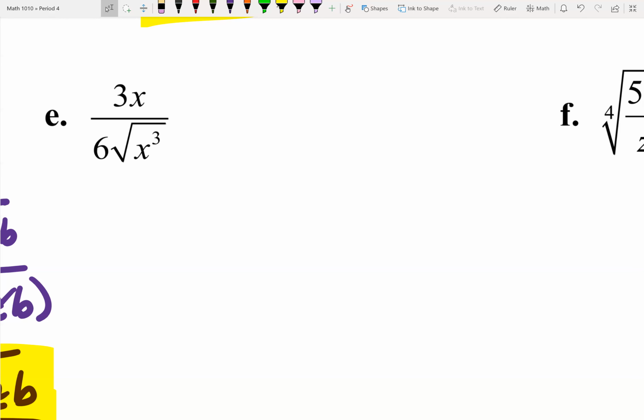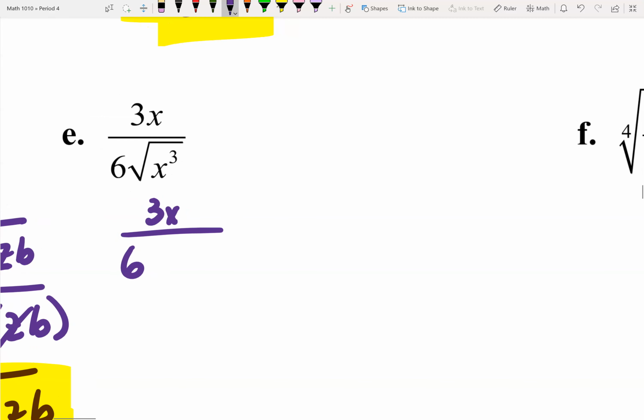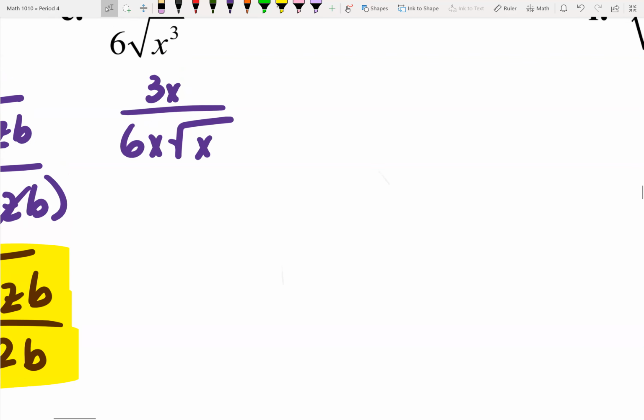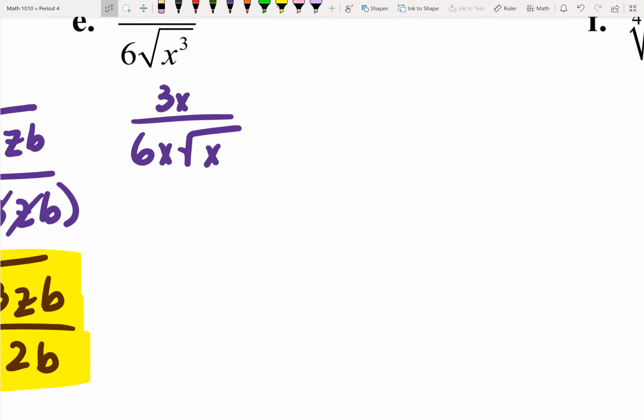Simplify the denominator, right? So on top you have a 3x. On the bottom you have a 6. 2 goes into 3 one time, and I still have an x left inside. Okay? Now, if you want to be a little lazy, instead of rewriting it right there, I would just go, those cancel, 3 goes into 3 once, 3 goes into 6 2 times.